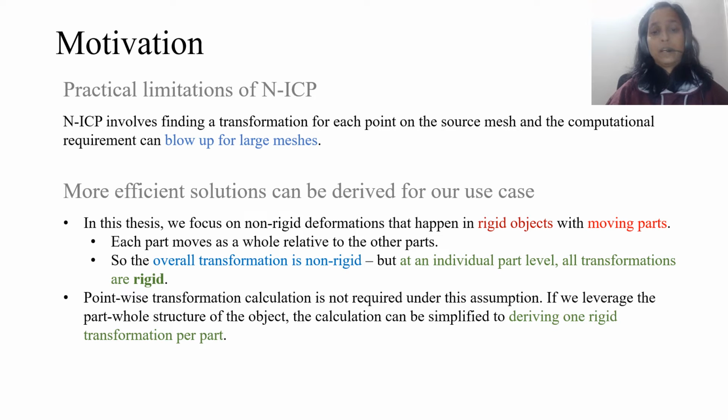But at an individual part level, all transformations are rigid. Point-wise transformation calculation is not required under this assumption. If we leverage the part-whole structure of the object, the calculation can be simplified to deriving one rigid transformation per part.